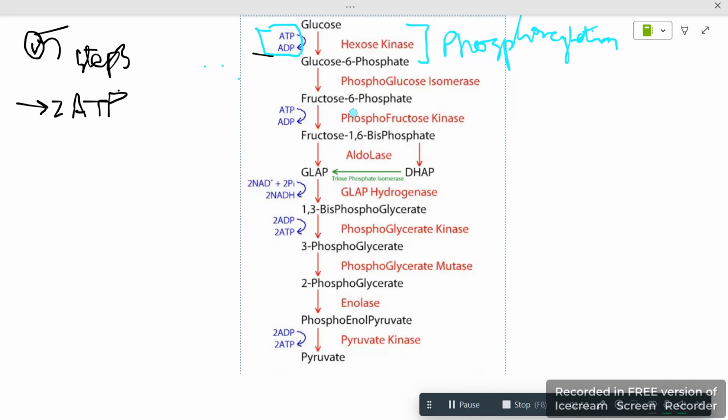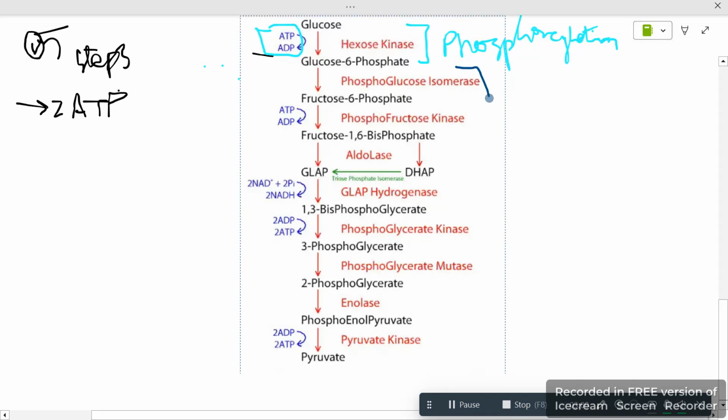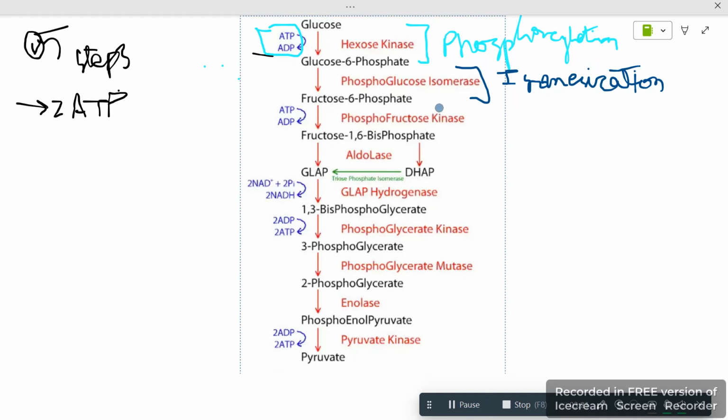This is the second step. What is this step? This is isomerization.